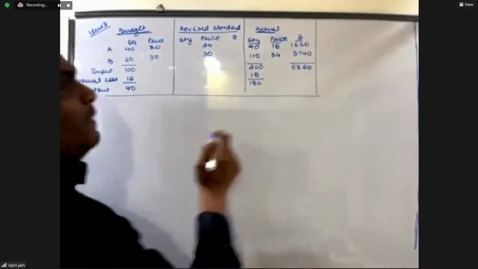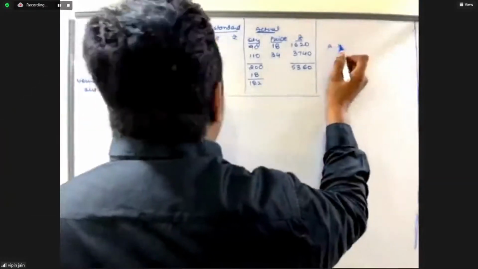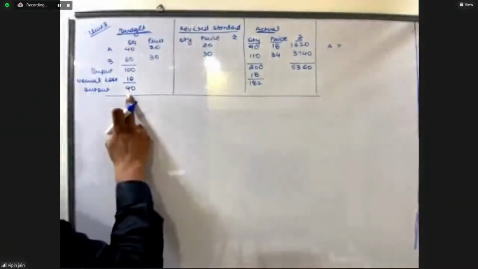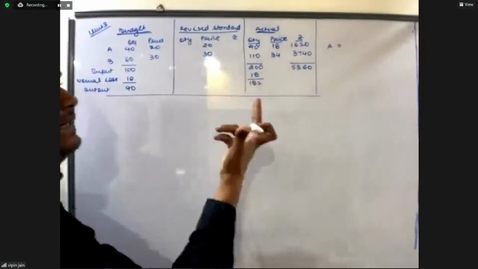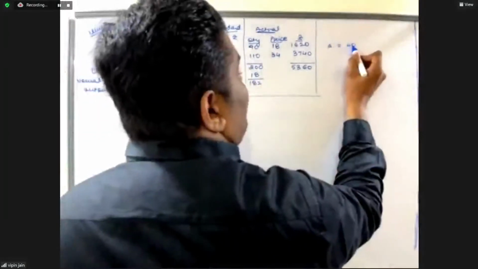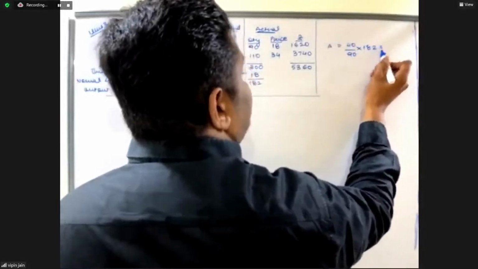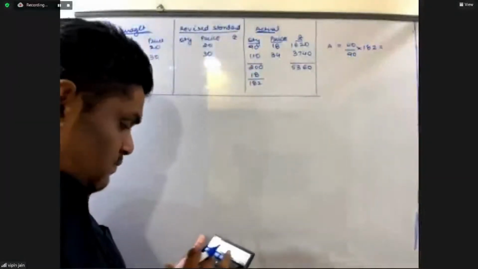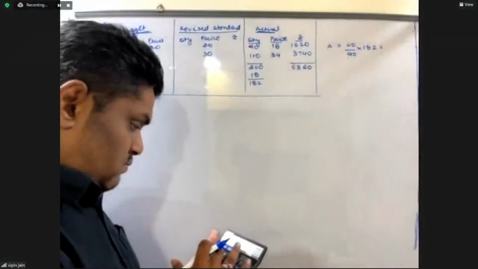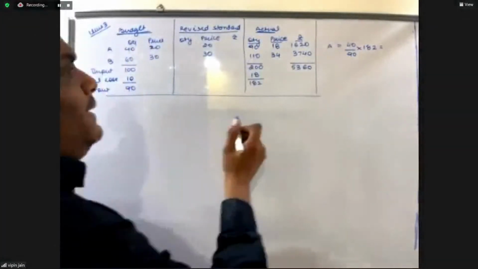Now when talking about A, 40 inputs for 90 output. So for 182 output, how much? 40 inputs for 90 output. So for 182 units, how much? 80.88.